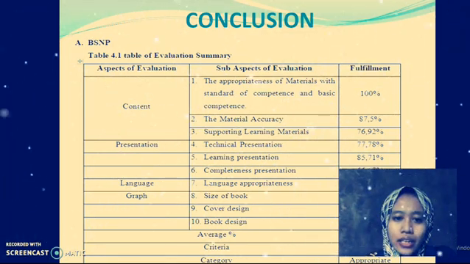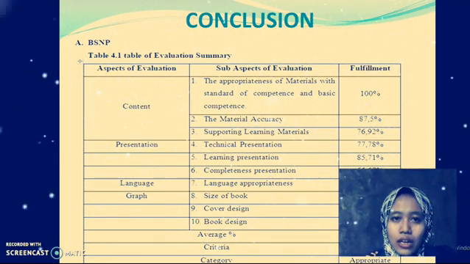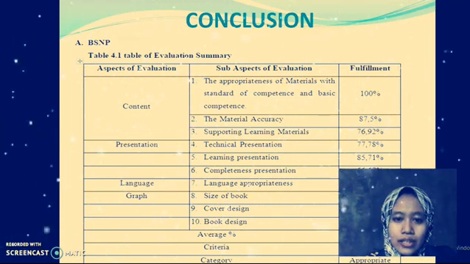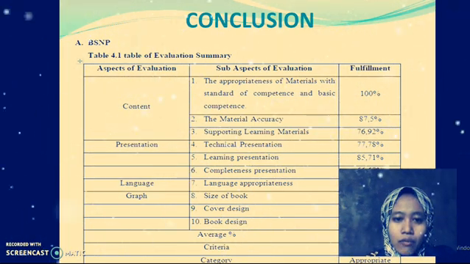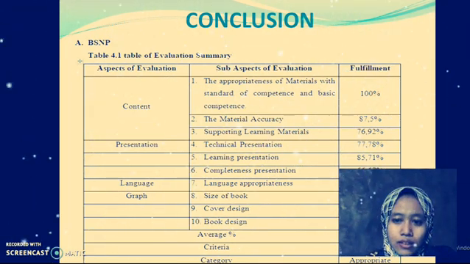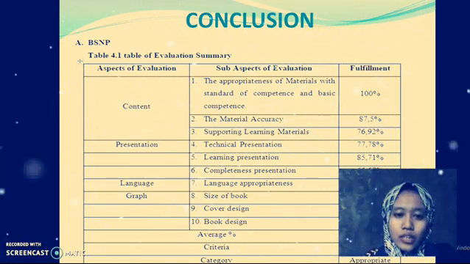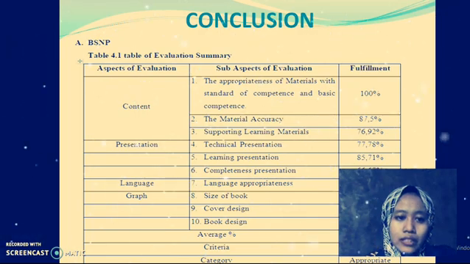And the second indicator, the material accuracy, gets 87.5%. And the supporting learning material gets 76.92% in the textbook.